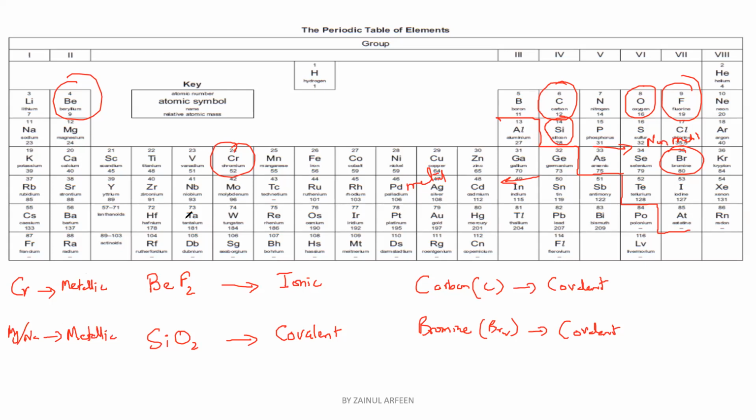So metal and non-metal is ionic, non-metals alone or different non-metals together is covalent, and metal alone or metals together have metallic bonding. Is the type of bonding clear? Then we'll discuss how these bonds are formed, but the first part is you should be able to identify the type of bonding.